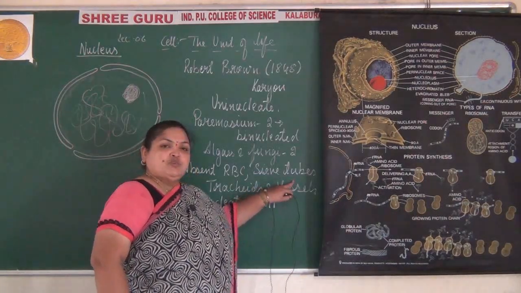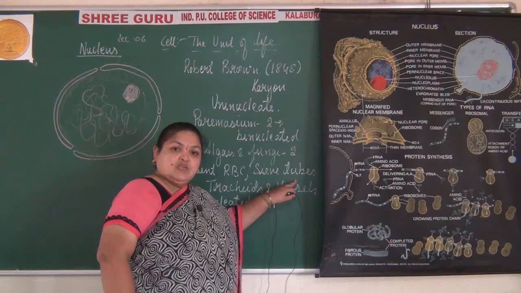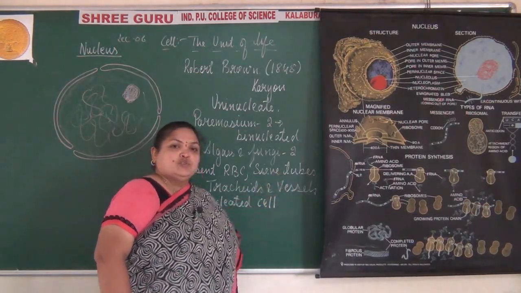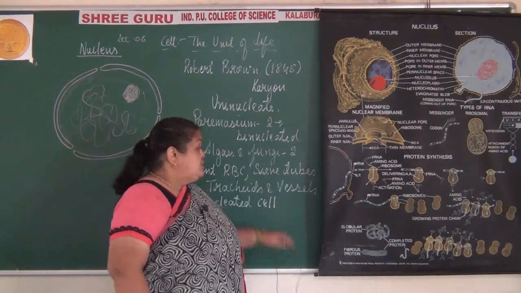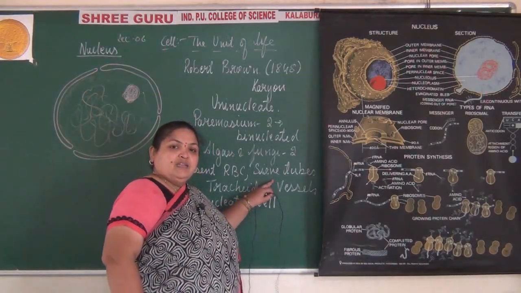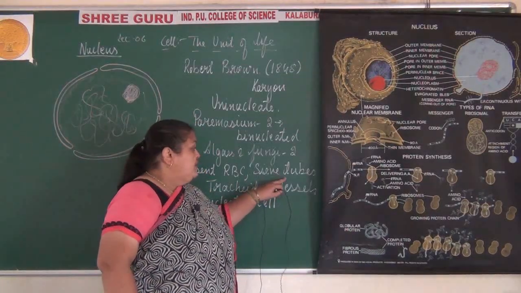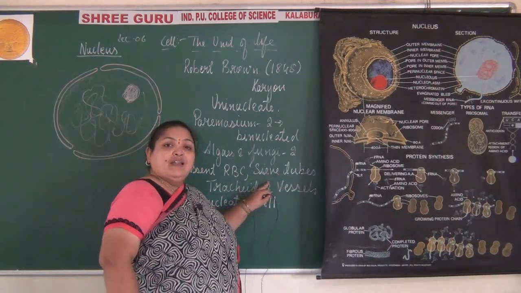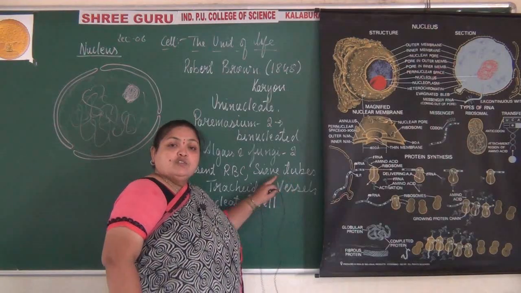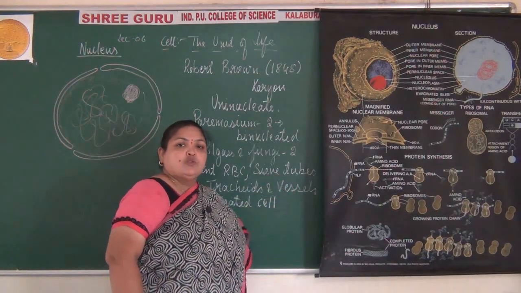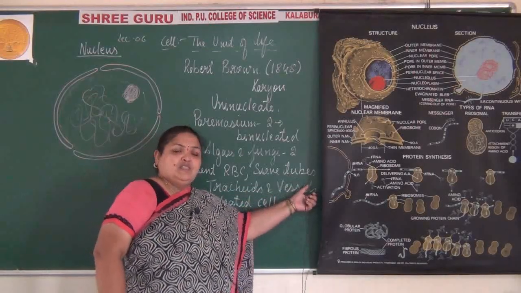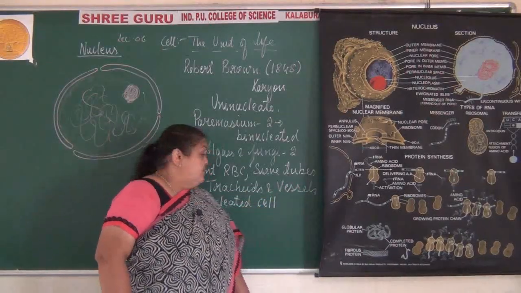It contains the sieve tubes along with companion cells, which are associated with the sieve tubes. When young, sieve tubes have a nucleus, but as they mature they don't have the nucleus. So we can say that sieve tubes are also enucleated. These are the food conducting elements.